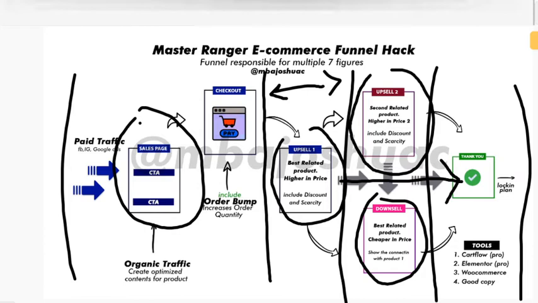Once our pixel has gotten the statistics and data it needs for us to create our custom audience, we can create a retargeting audience, with the lookalike feature, for people who missed any part of the funnel. Then it's going to increase conversion in the funnel.